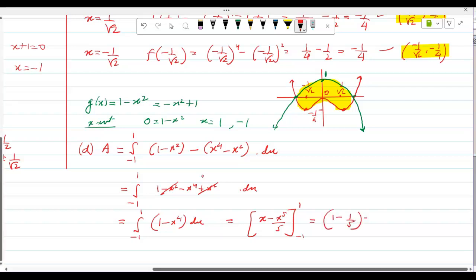Upper limit minus the lower limit. Right, okay. 8 over 5.